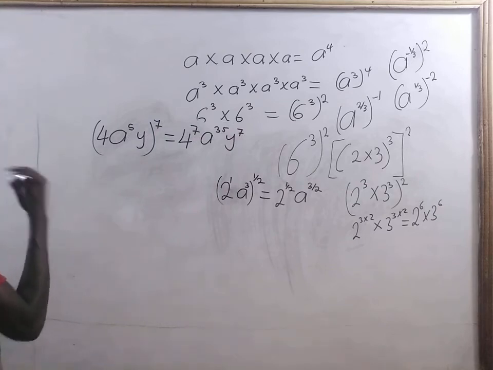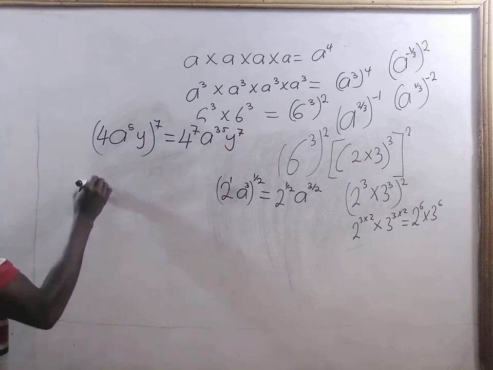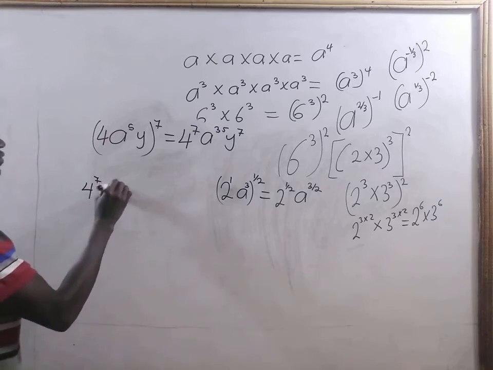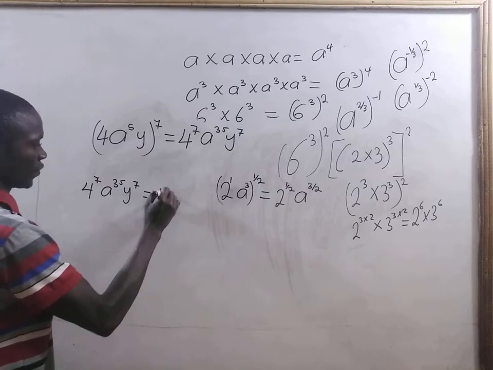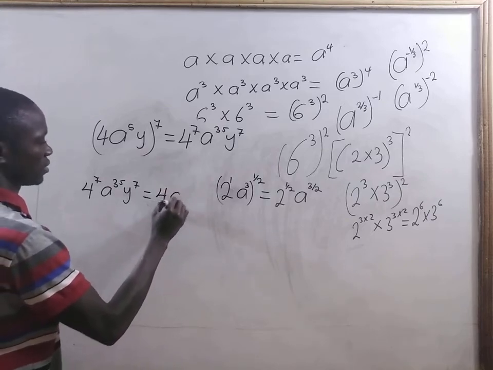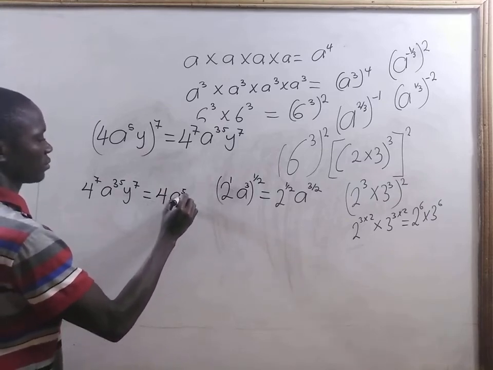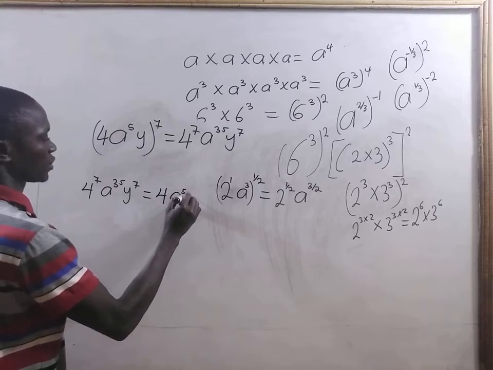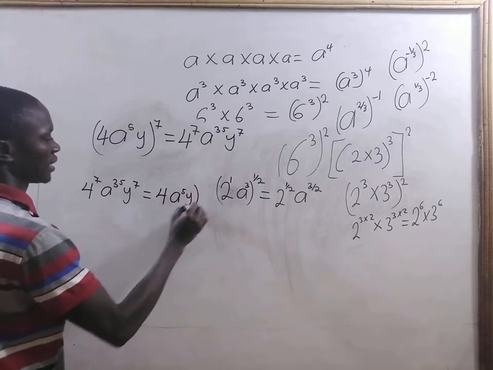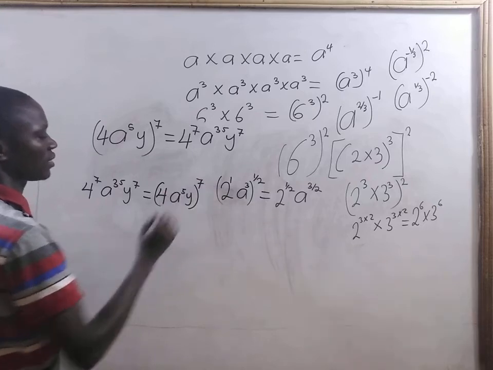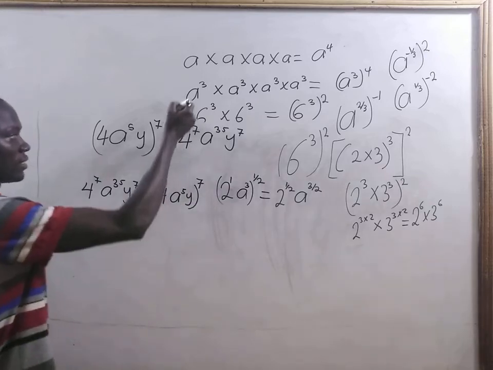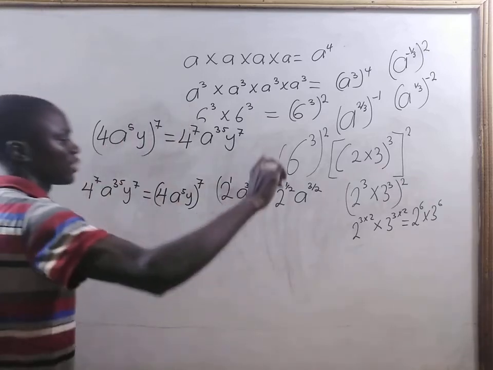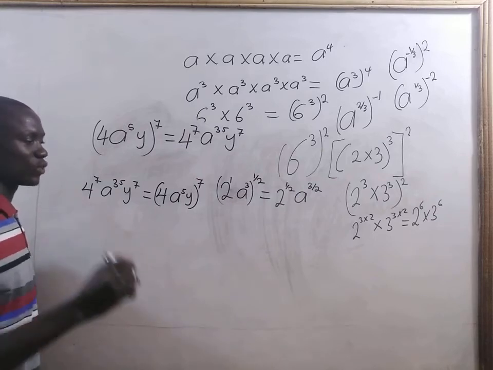So, if I have 4 to the power 7, A to the power 35, y to the power 7, I can write it as 4 times A power 5 times y, then I'll factorize the 7 out like this. So you should keep it in mind that it is not always sending the power inside, we can also send the power outside, like this one.